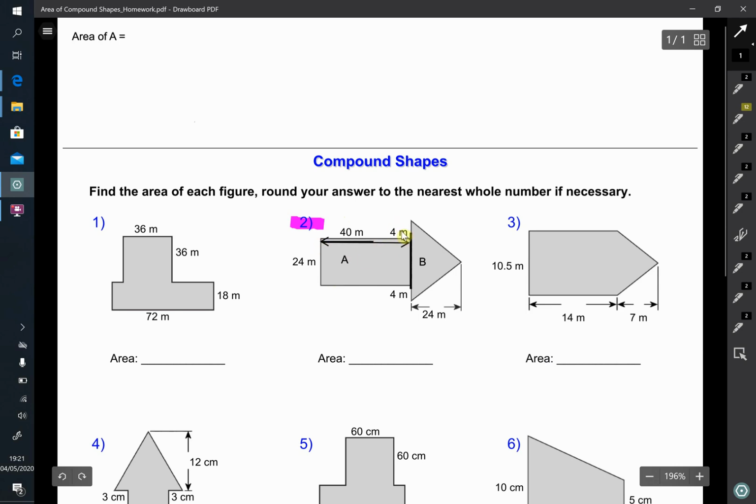Okay, and the 4 meters is this small part over here. All right, guys, just to make it clear, because in the shape it's not.